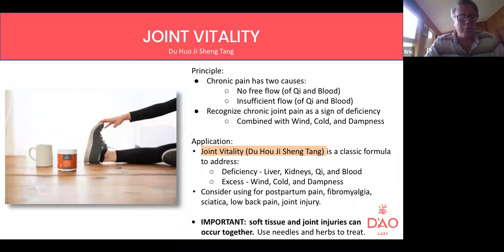But when you really can be sure that it's in the joints, and it's our more classic B syndrome, Du Huo Ji Sheng Tang is a great formula for addressing it, particularly with patients who are middle aged or a little bit older. They're often going to present with those types of deficiencies that this formula is designed to address.